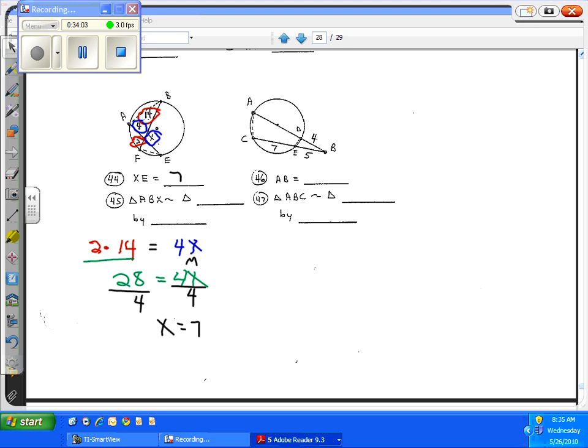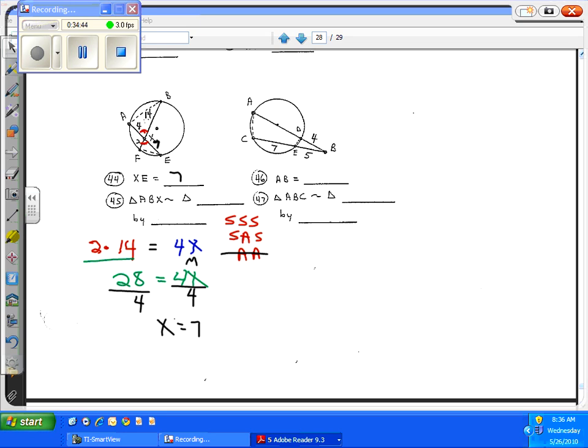Now, the triangles are similar by what? Well, there's only one thing we can say they're similar by now. And I'm going to put these numbers back in. We found out that XE was 7, so we're going to put a 7 there.